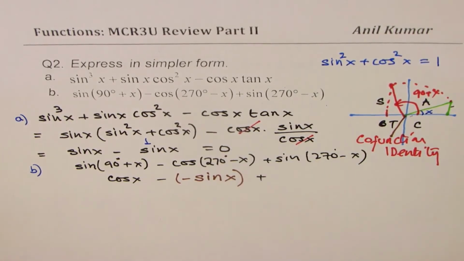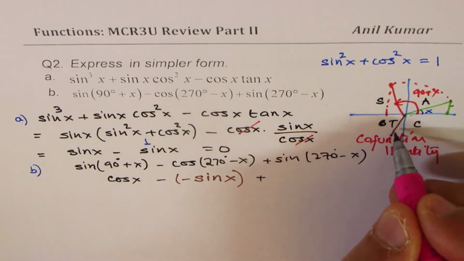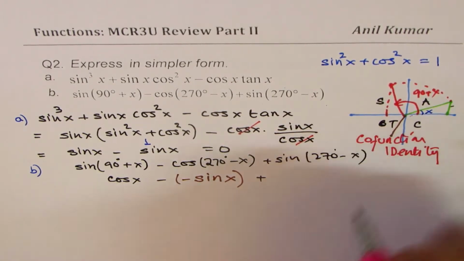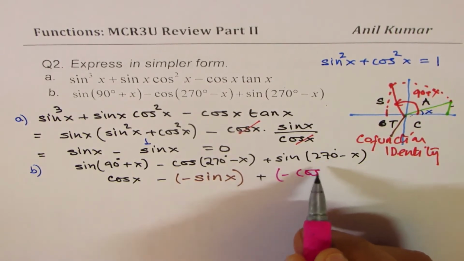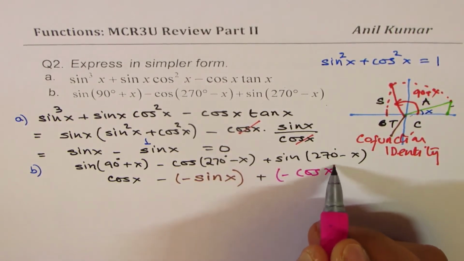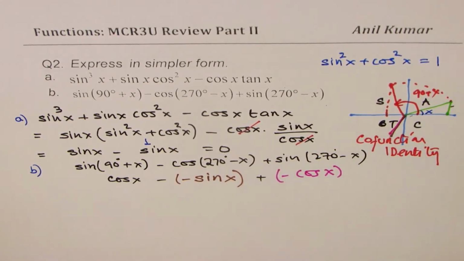The last one here is sine of 270 minus x. We are again in the same place. Here sine is also negative, so we can write this as minus, but it is cos since the sides change. Do you understand? So that is the third part.